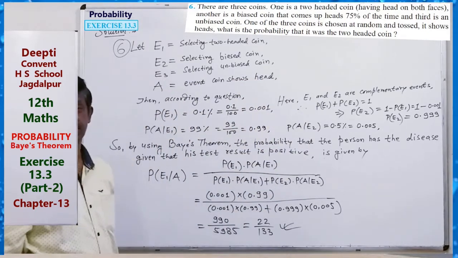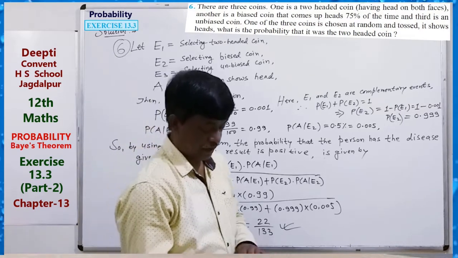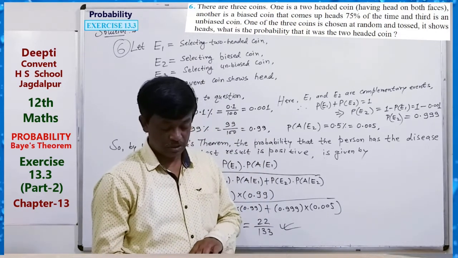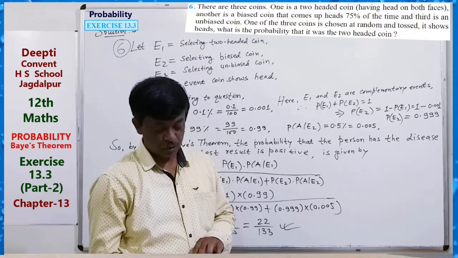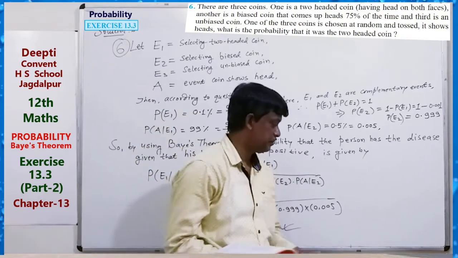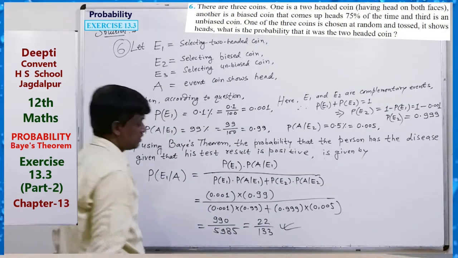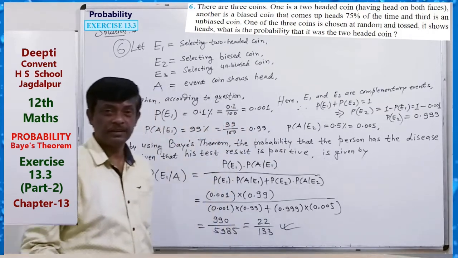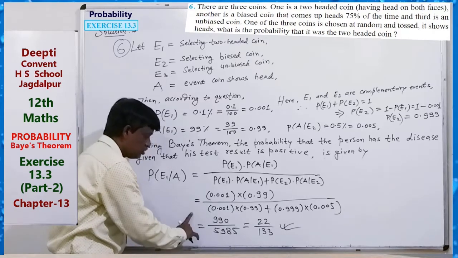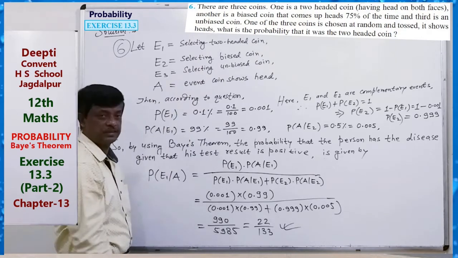So we have to find the probability that the coin is two-headed, given that it shows heads. Here we have to find the probability of the two-headed coin upon shows head, P(E1|A).